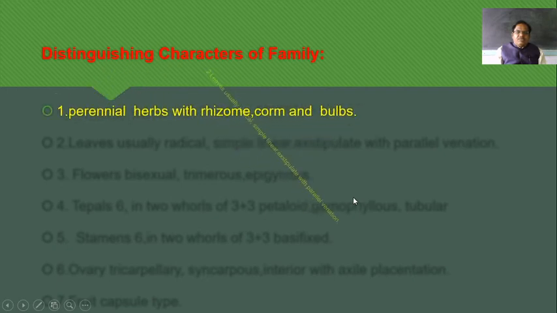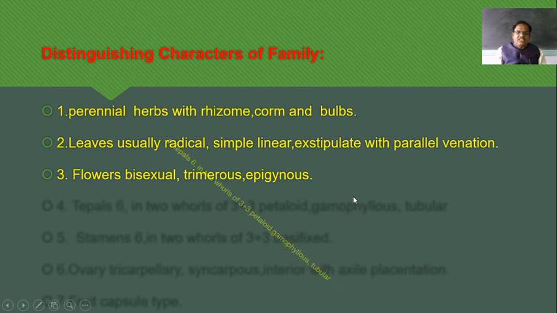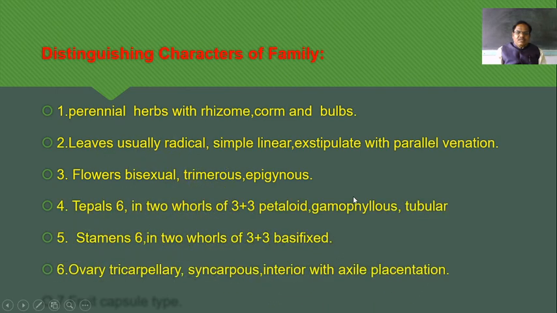Typical characters of the family. Distinguishing characters of the family. The plant is an annual or perennial herb with rhizome or corm or bulb which is underground. The leaves are usually radical, simple, linear, and stipules are absent, so exstipulate, with parallel venation.